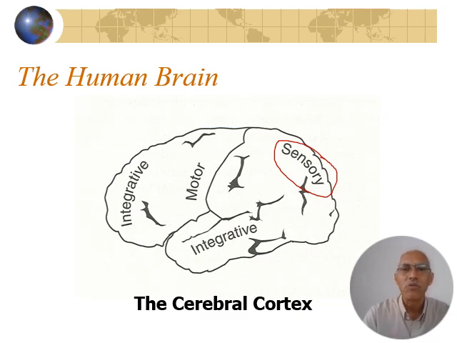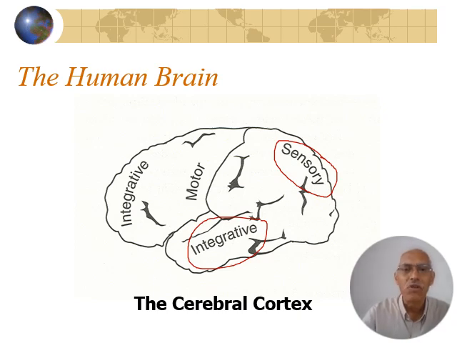Once the information comes through this one, it moves to this place called the temporal integrative cortex. What the temporal integrative cortex does is it receives the information, and here it tries to make sense of it. What is this? And it tries to interpret it based on its existing schema, existing knowledge that already is there. It relates it to what it already has in there, makes sense of it, tries to interpret it.